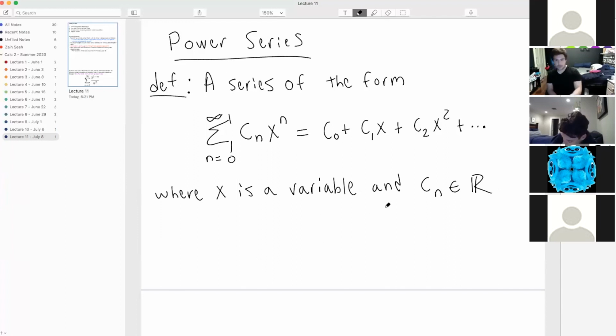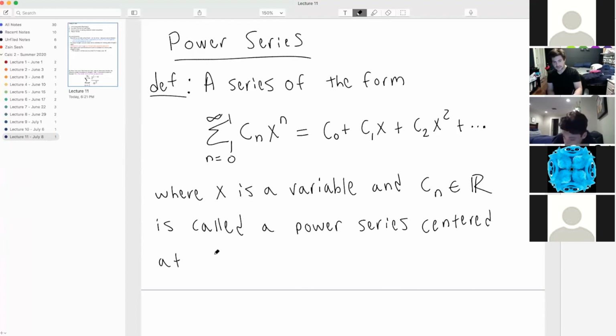So a series of the form above, where x is a variable and the c_n are in the real numbers, is called, so now we're actually going to put a name to this, a power series centered at x equals 0. That's what we're defining, so I'm going to underline it. Power series centered at x equals 0.